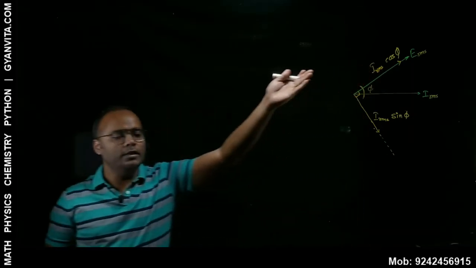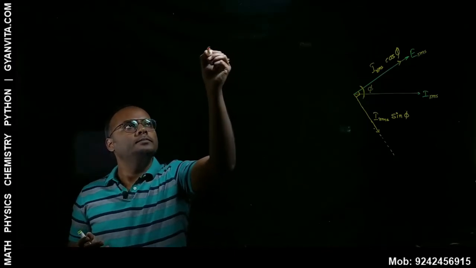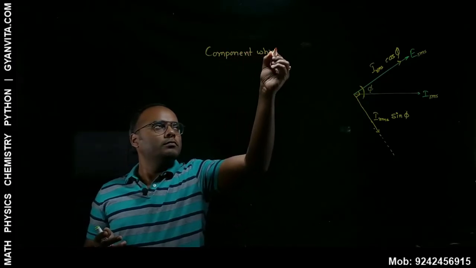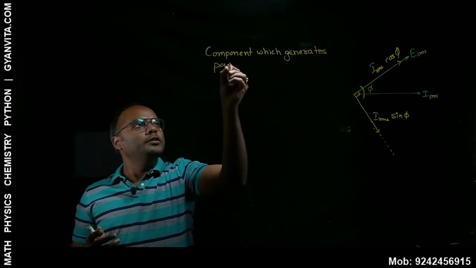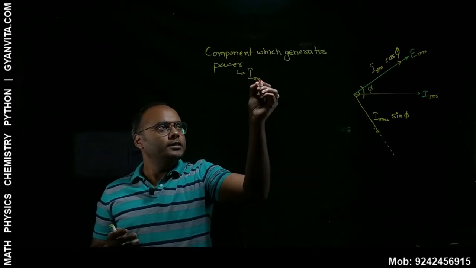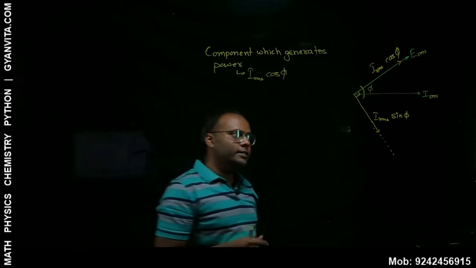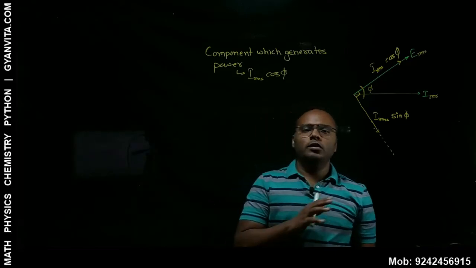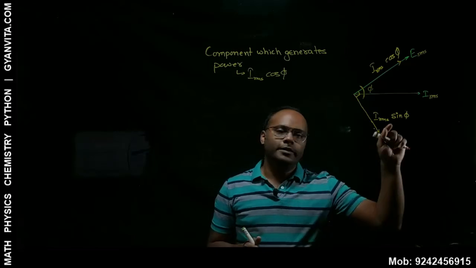As you can see in this diagram, the component which generates power is along ERMS, that is IRMS cos phi, right? What about the second component, IRMS sin phi? It does not contribute to power along E, and hence the power generated by this component is zero.